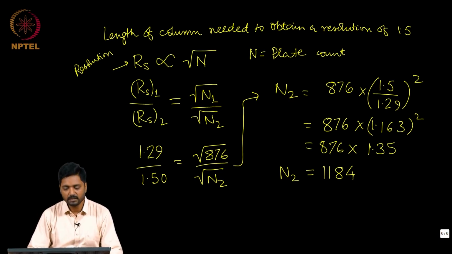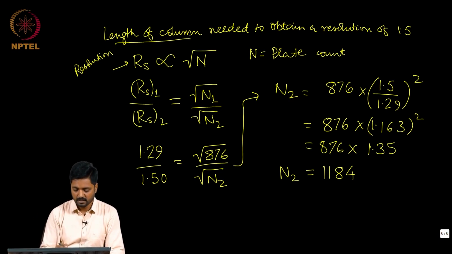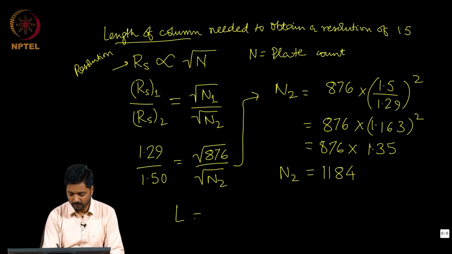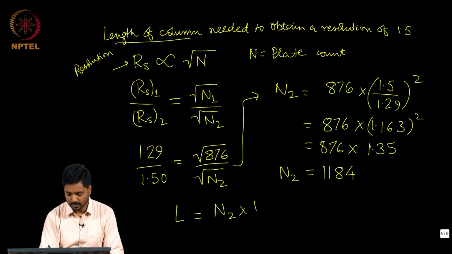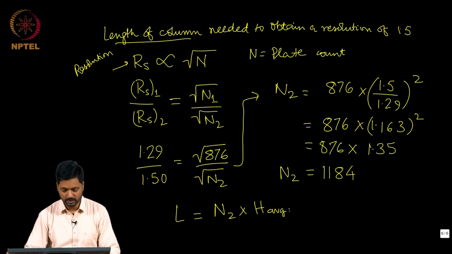So, what is the length of the column that will be needed? Length will be nothing but N2 into the average height of the theoretical plate. So, we calculate that. The length of the column is N2 into H average.